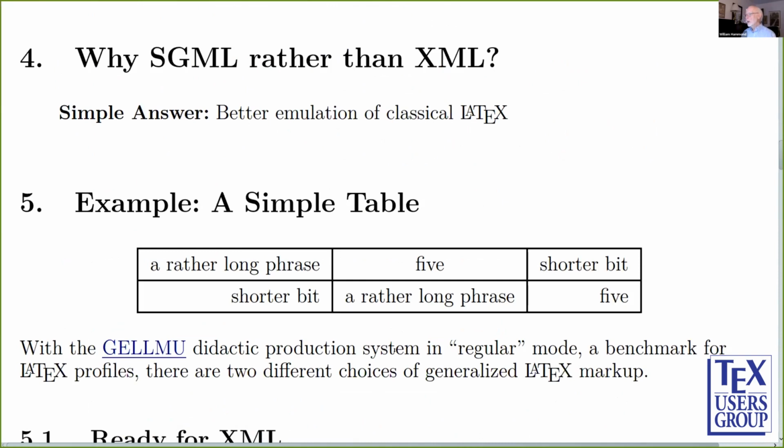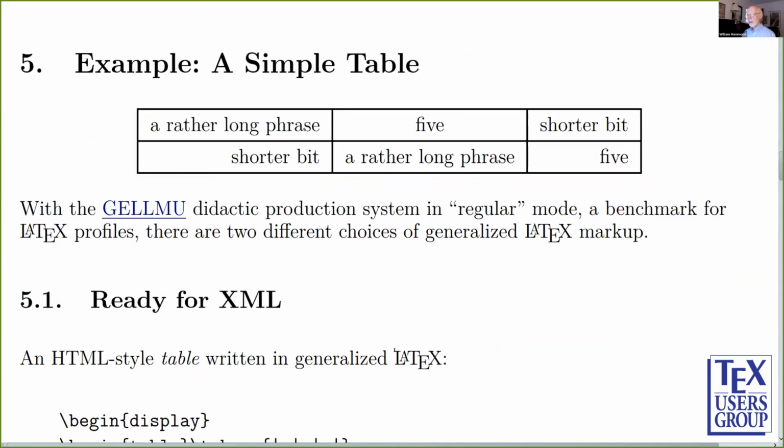Why SGML rather than XML? The simple answer is that SGML provides a better emulation of classical LaTeX. The example I'm going to use for this is this simple table, 2 rows, 3 cells.